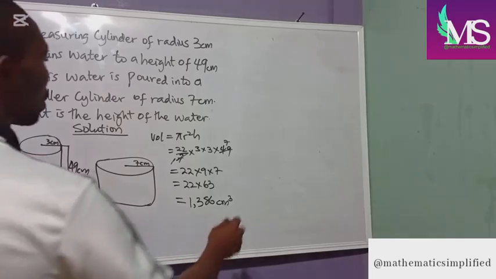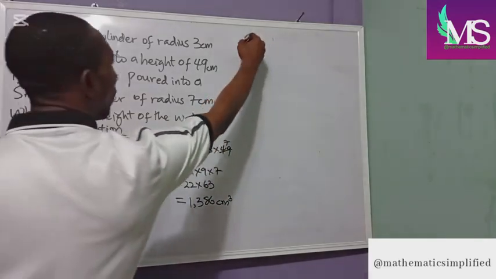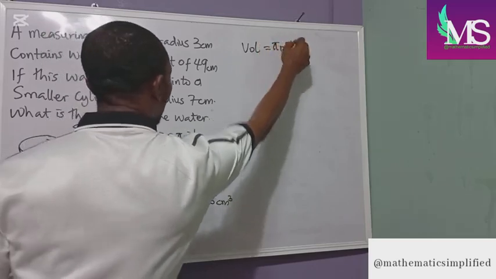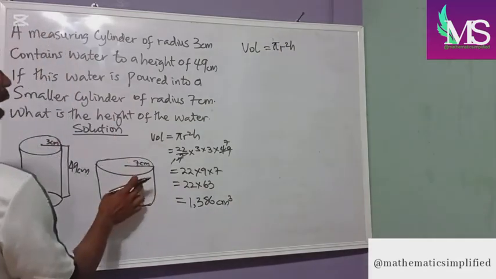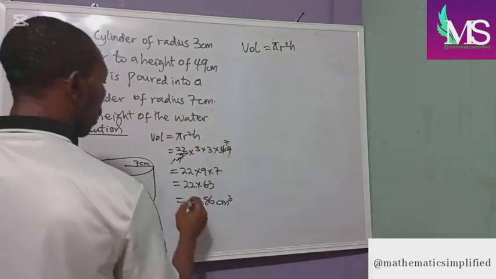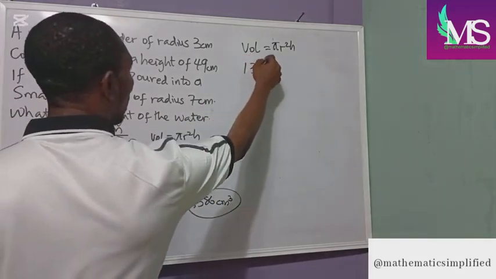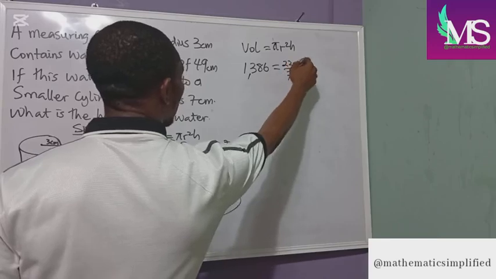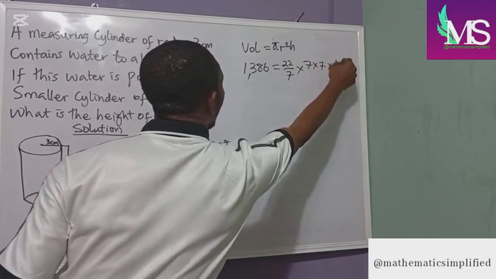So to calculate the height here, we are going to use volume equals pi r squared h, where h will be the height of the water we are looking for. So 1386 equals 22 over 7 times 7 times 7 times h.